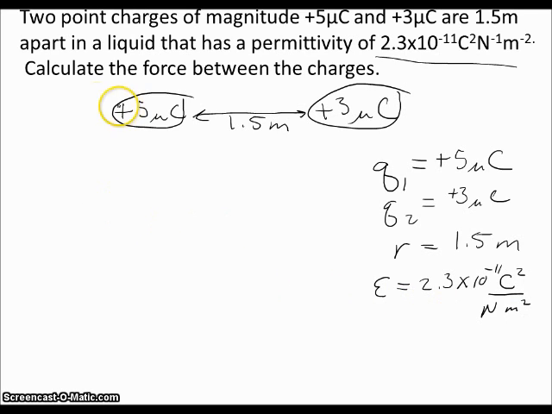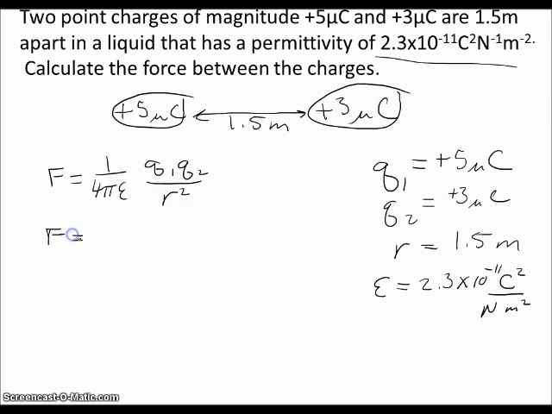Okay, so let's start by writing out our Coulomb's law. So force is equal to 1 over 4 pi epsilon. Notice I don't put a not here because we're not dealing with free space, we're dealing with a liquid. The product of our charges, Q1 and Q2, over our distance squared.